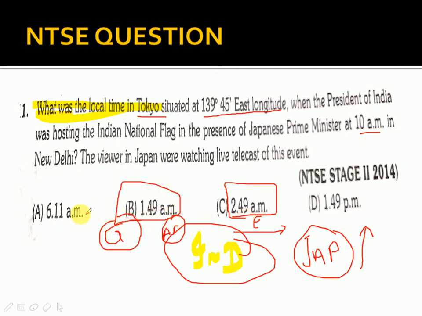Either they go backward, which is not possible because Japan's time is always ahead of India's time, or they must go too much forward, which is also not possible. So the most accurate answer which seems to me is 1:49 p.m., and this seems to be the correct answer.